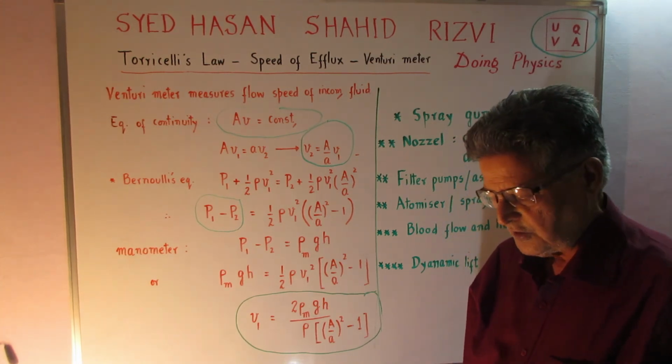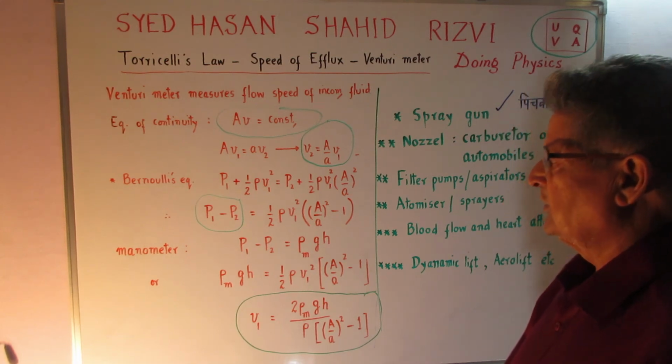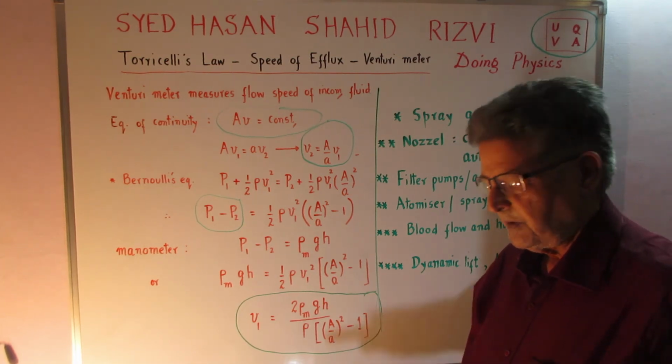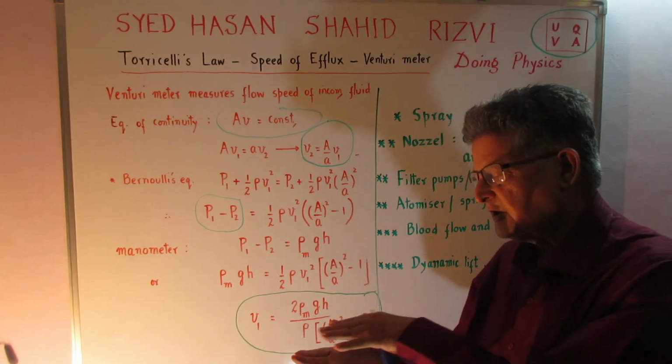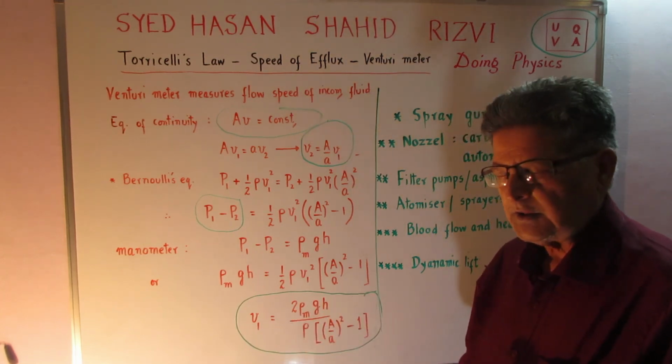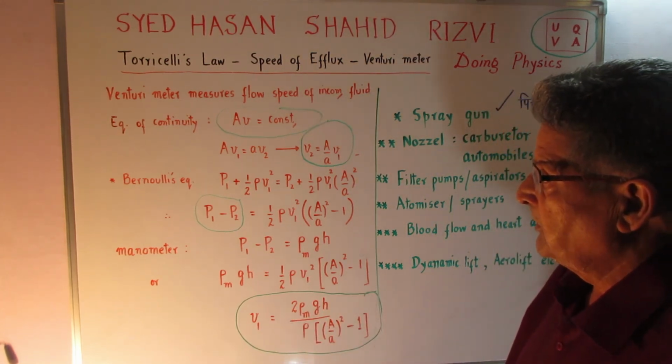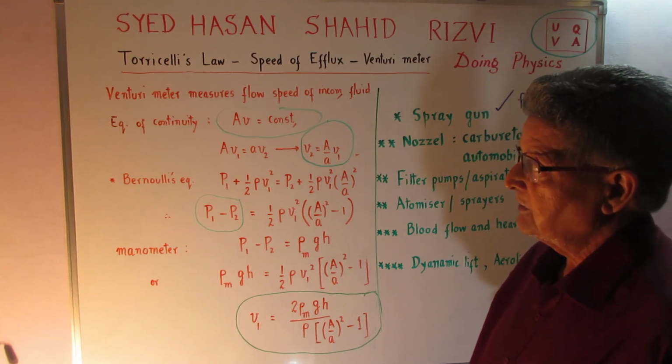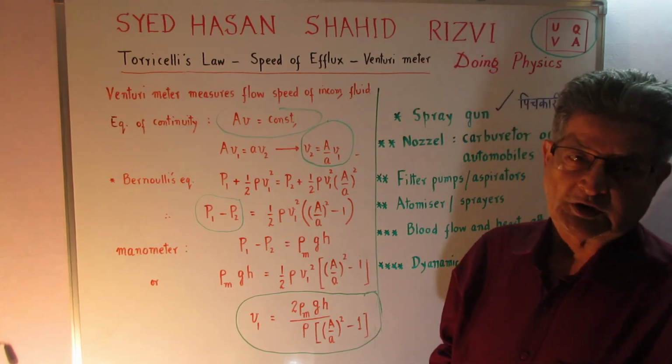In actuality, we do have losses, and those losses are because of the resistance between the different layers of liquid, even if they are moving in the same direction. We'll talk about that. What I mean is viscosity.